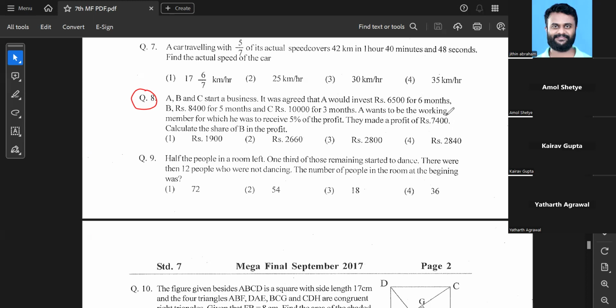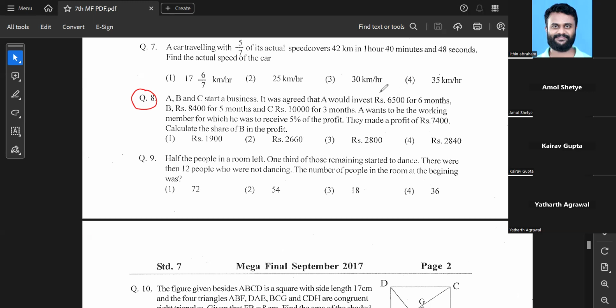Obviously trial and error is one method. Apart from that, I'll do the solving part over here, so that logically it will help you understand this problem. Whatever profit they are going to get, 5% of it is going to go to A apart from whatever he is investing. So basically A is going to get two profits.